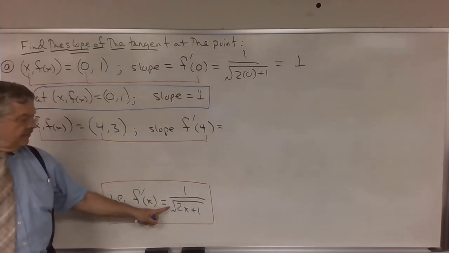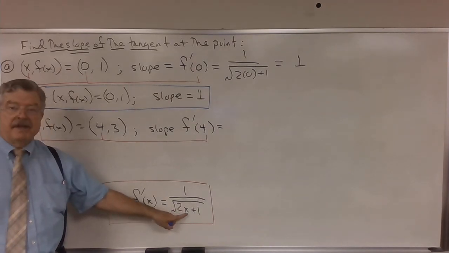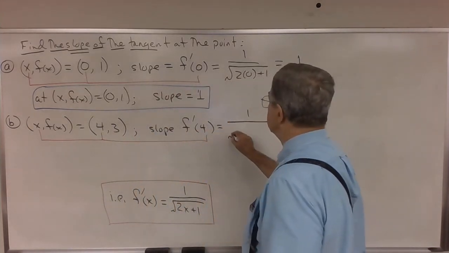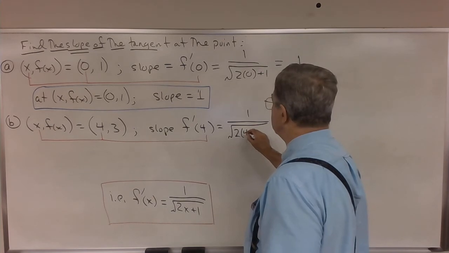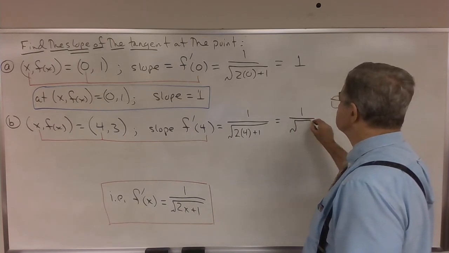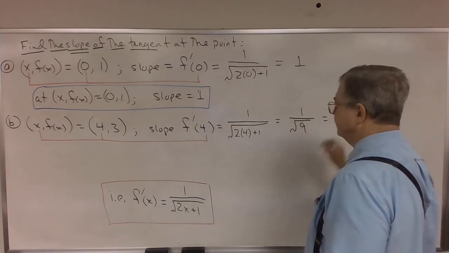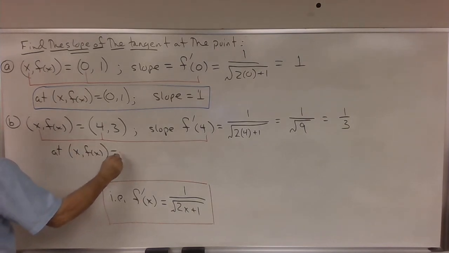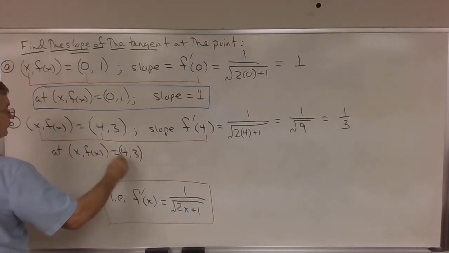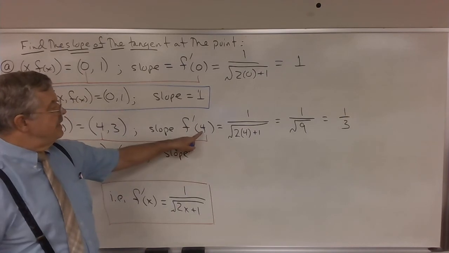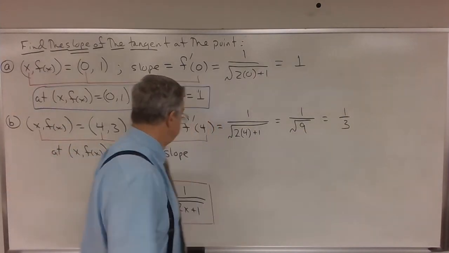And to get that, we look at the derivative, and wherever we see an x, we plug in 4. So at the point x, f of x equal to 4, 3, the slope is given by the derivative, which equals 1/3.